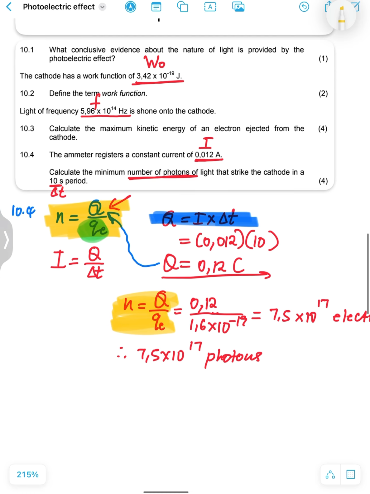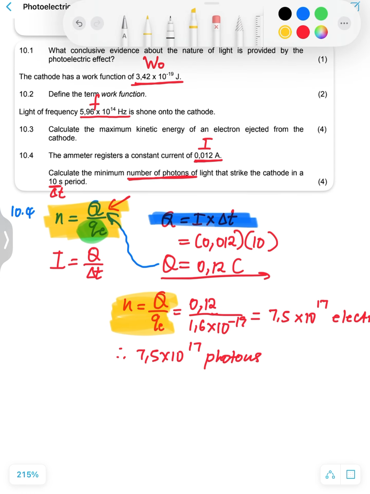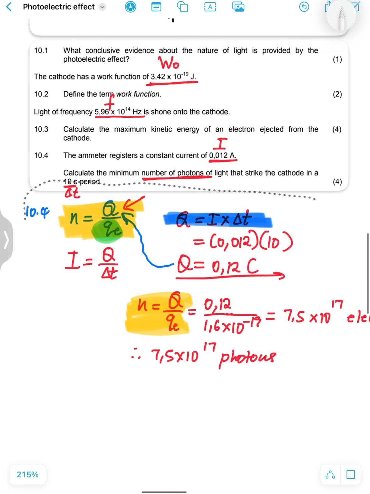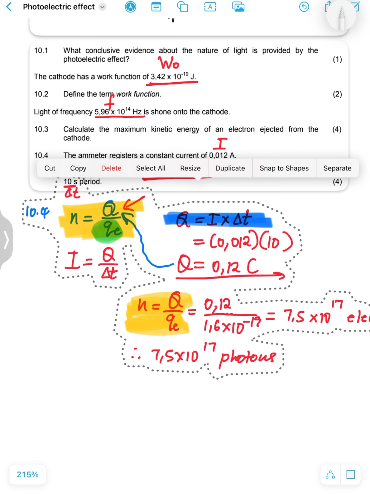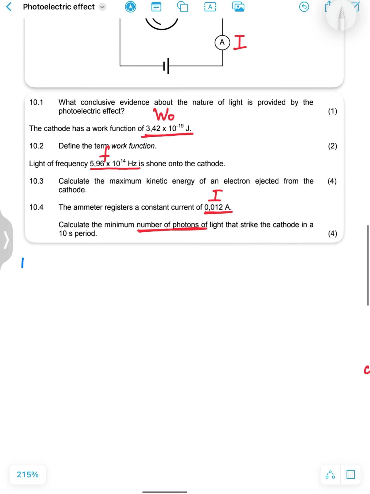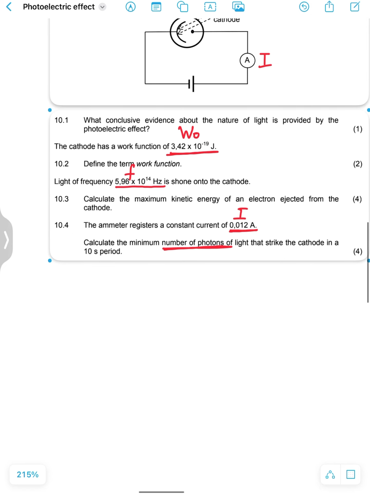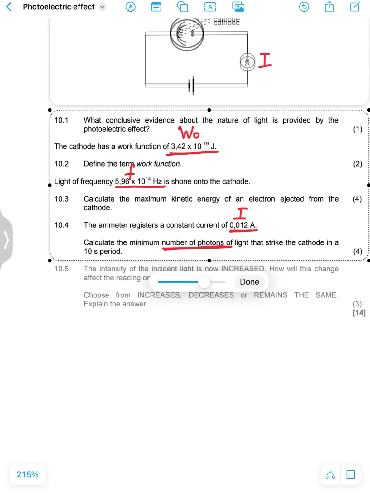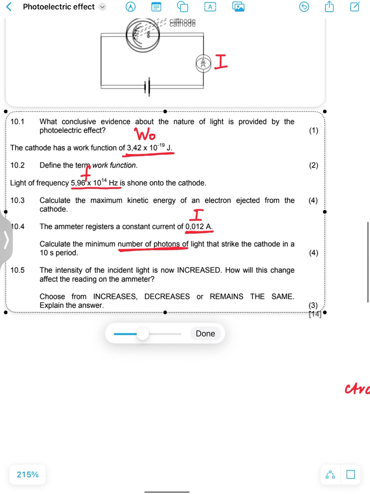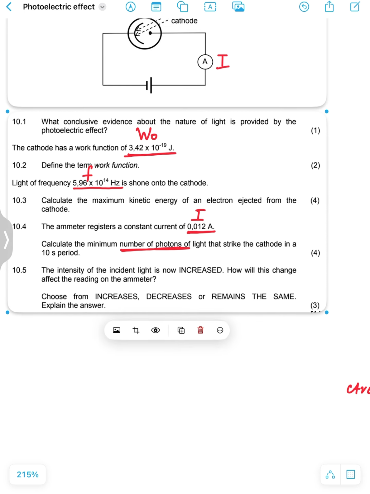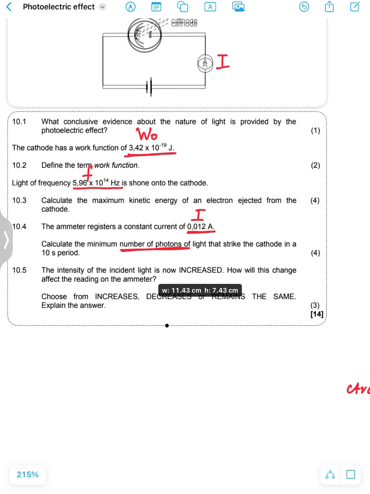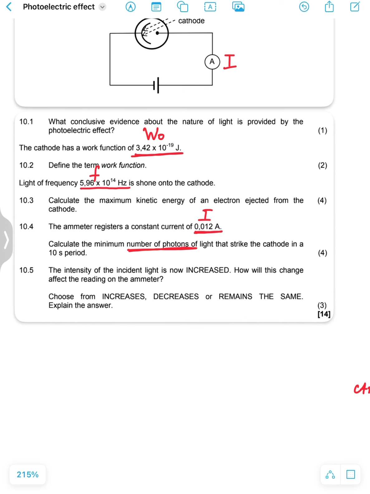Okay, so that is 10.4, and then let's look lastly at 10.5. They're saying, not calculate, but the intensity of incident light is now increased.